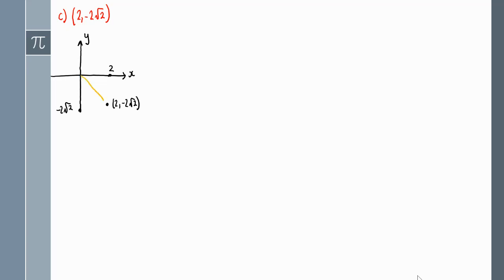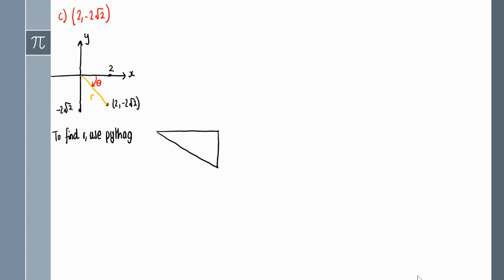So we start as usual. This time I'm going to draw a triangle. So I know that r can be found using Pythagoras. And I'm just going to draw the triangle in here for clarity.